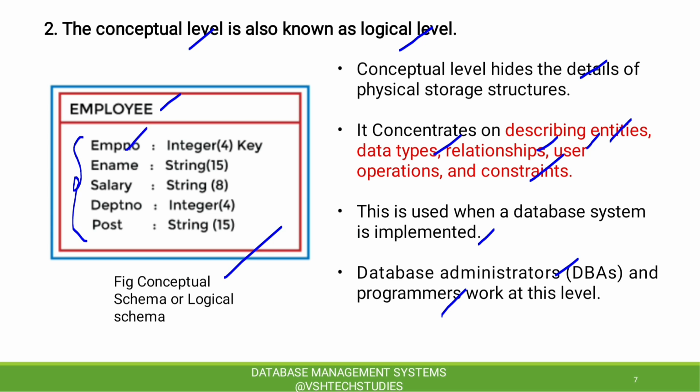The EMPNO column stores integer data, the length of data being 4. Then ENAME stores string type data, its length is 15 bytes of space. Salary stores string type data and its length is 8 bytes.